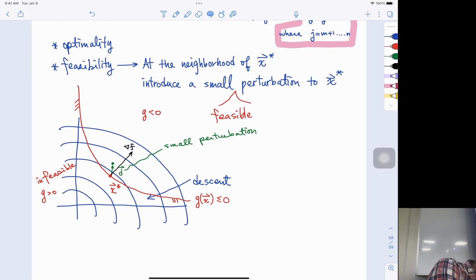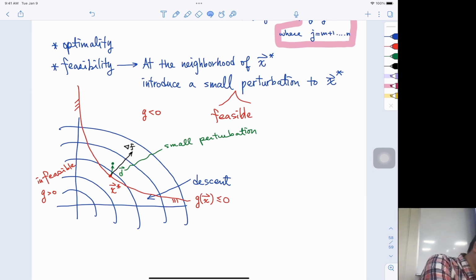This is my d. From here you can tell this d movement cannot have an angle of more than 90 degrees. If I move toward the left lower corner, that movement will have an angle with the gradient of f that is larger than 90 degrees.